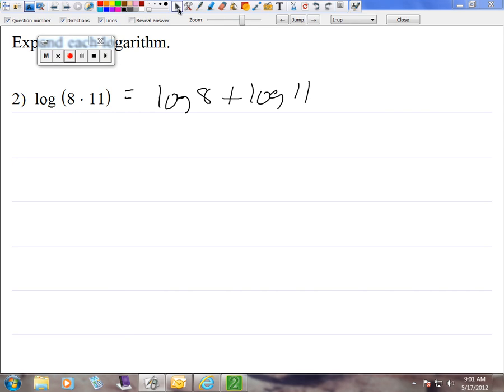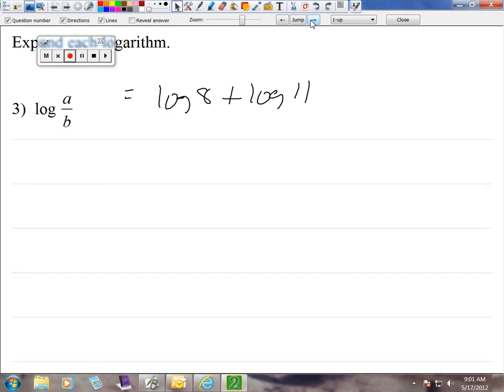Do the next one. Actually, I already gave you that one, didn't I? Let's not count that one, because that's already written on your paper, with a and b. Do number 4. Like that's any harder.